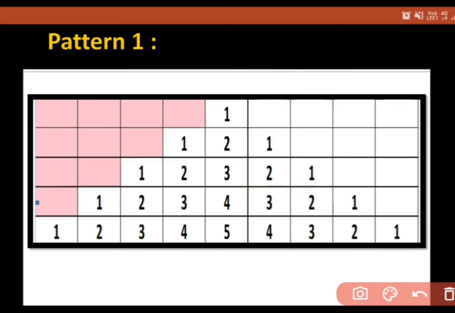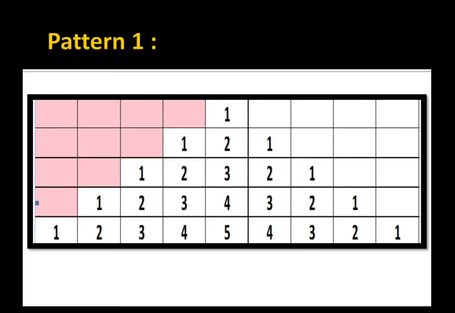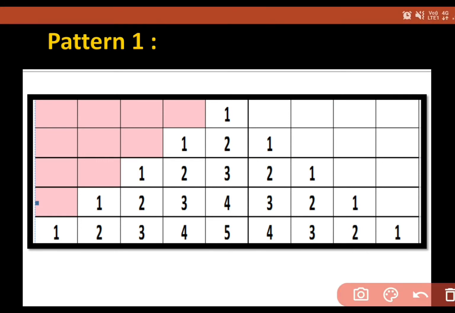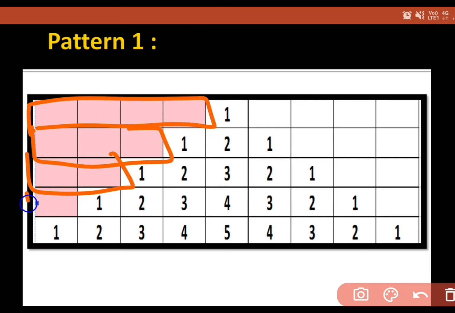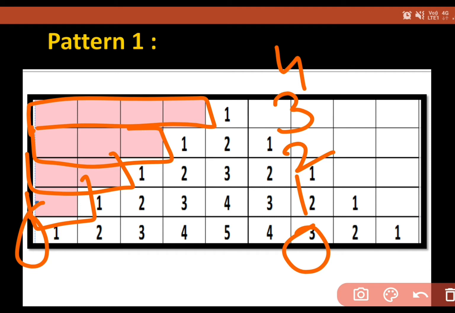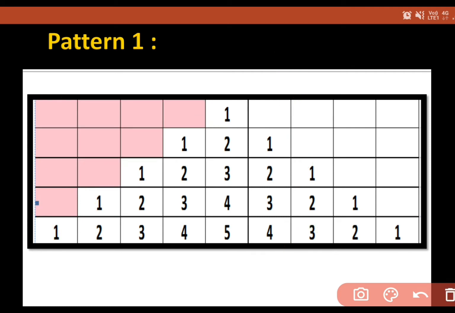Now see what exactly we have to do. We have to count our spaces. Spaces were 4 boxes, then we have 3 boxes, then 2 boxes, then 1 box, then 0 boxes. Counting of spaces in this manner: 4 3 2 1 0.